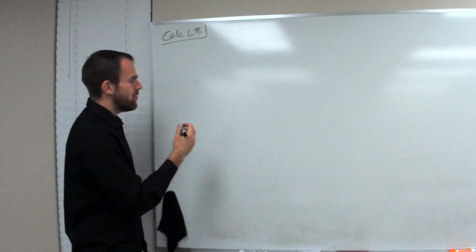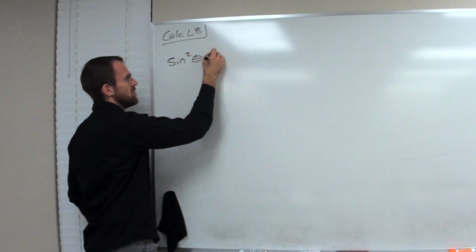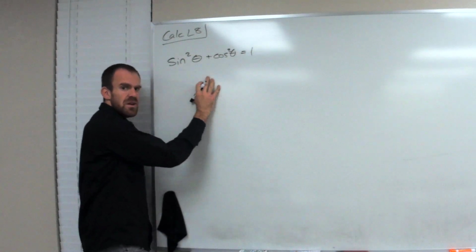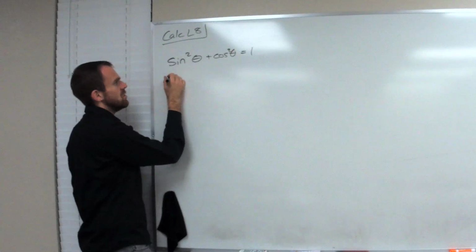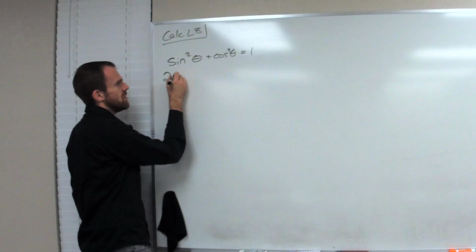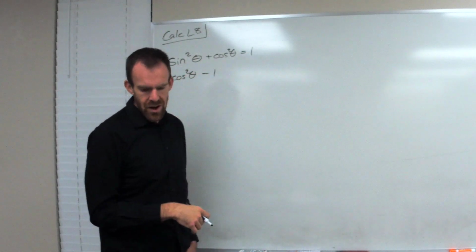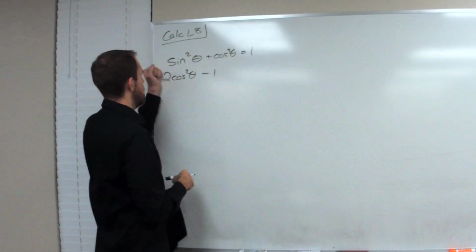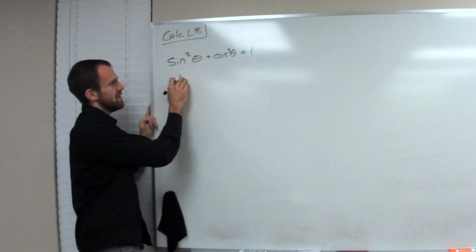So let's get started. Please remember, and you should be taking notes on this, sine squared of an angle plus cosine squared of an angle equals 1. We can also rewrite this one in two different ways before I start plugging things in.